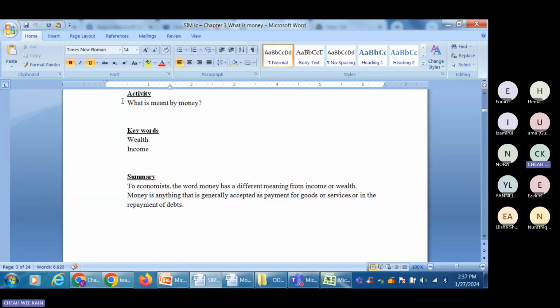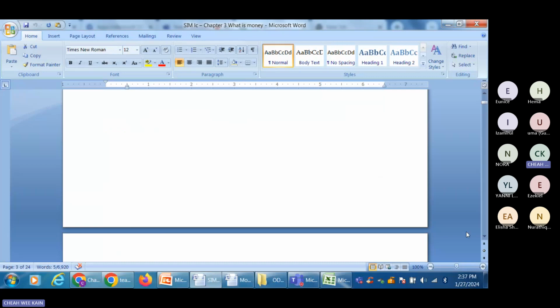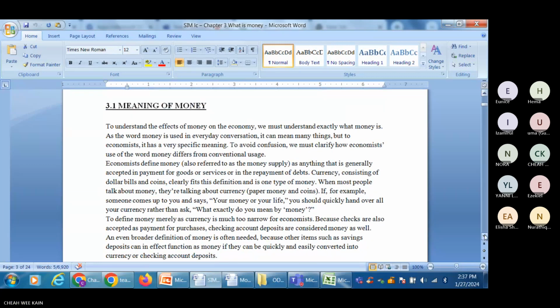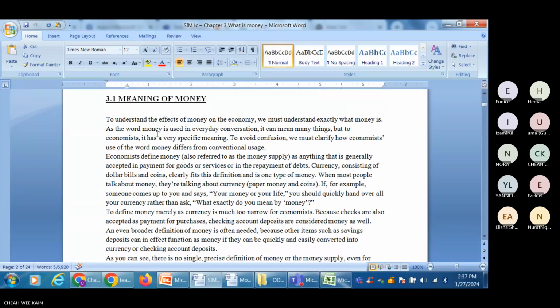What is meant by money? Normally, what are the 3 functions of money? The meaning of money: economists define money as anything that is generally accepted in payment for goods and services.